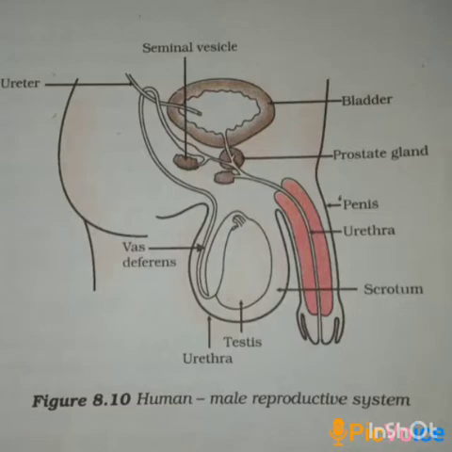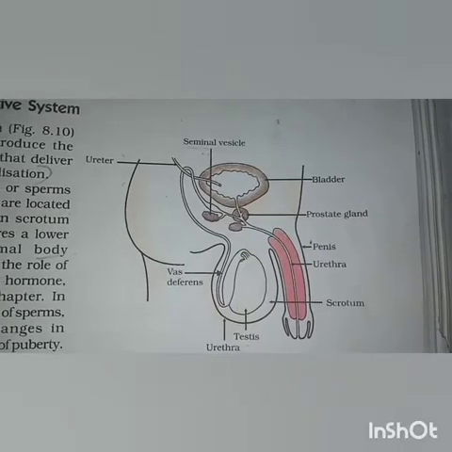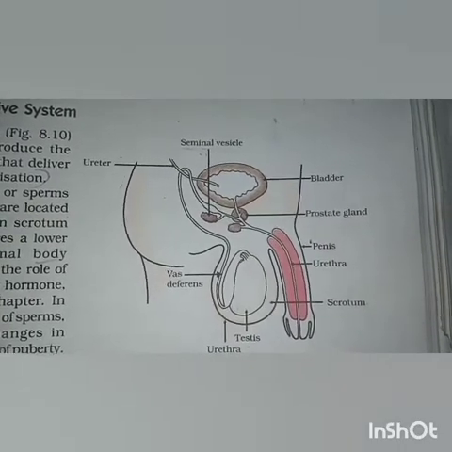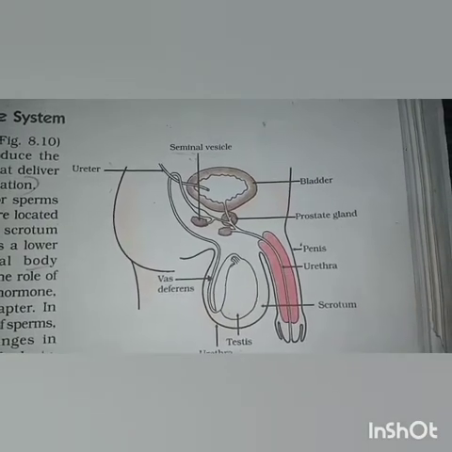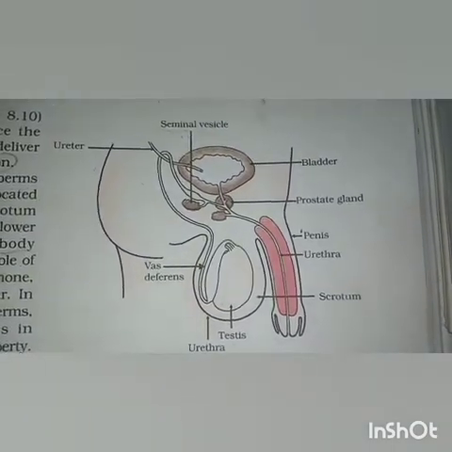Next, we have to discuss the structure of the human male and female reproductive system. Children, this is the human male reproductive system. Let us study the different parts and functions of the human male reproductive system now. The human male reproductive system consists of the portions which produce the germ cells.